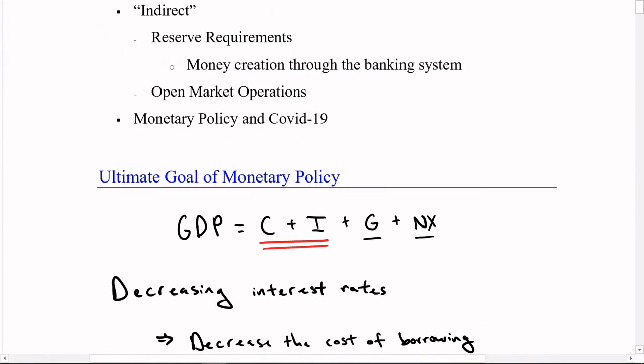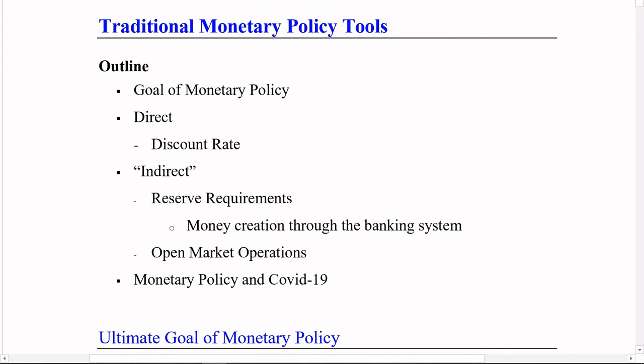Actually, really quickly, if we look here at the outline, the Fed can either directly influence interest rates through the discount rate or indirectly, although I have indirect in quotes because even though they're not directly setting an interest rate with these two other methods, particularly with the open market operations, it's an indirect effect on interest rates, but it's very precise.